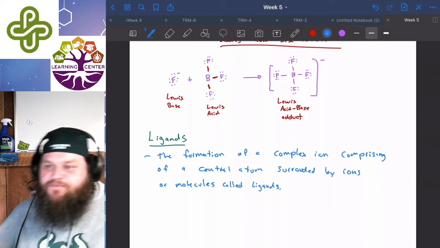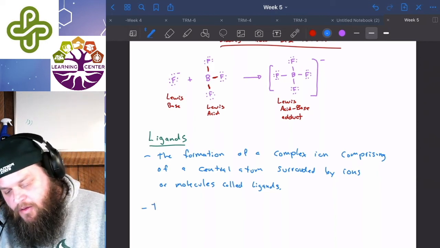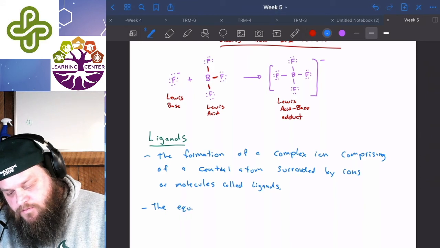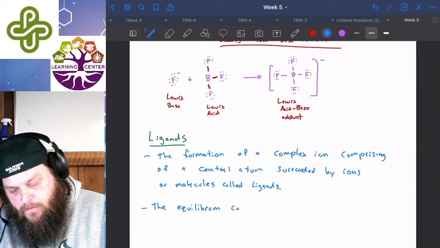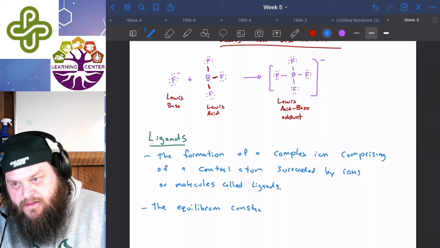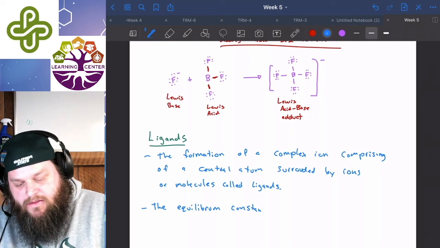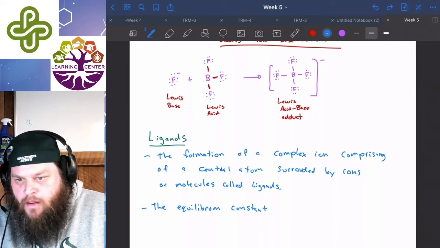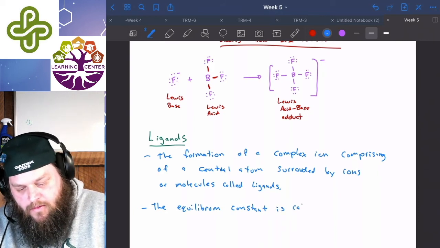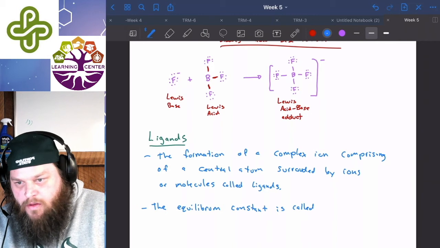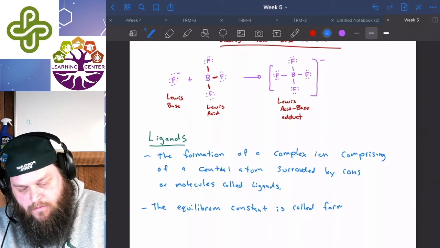That equilibrium constant for the reaction of a metal with an ion or other ligands is called the formation constant.